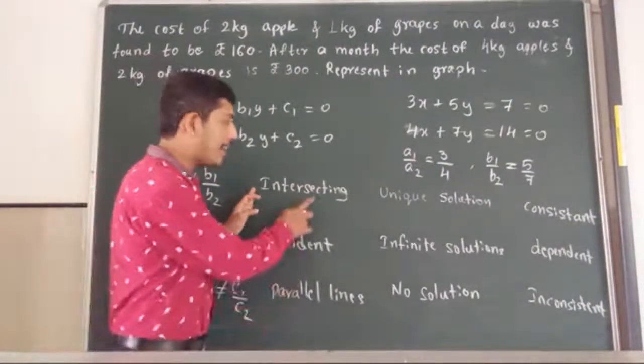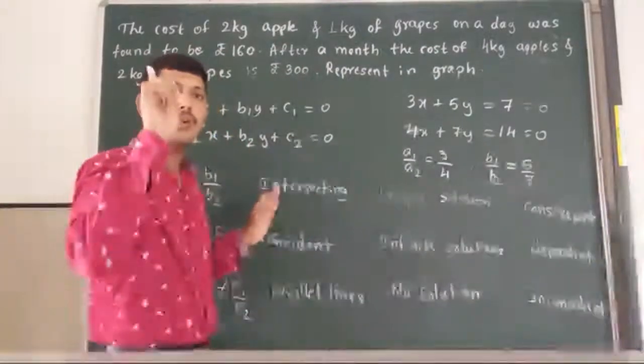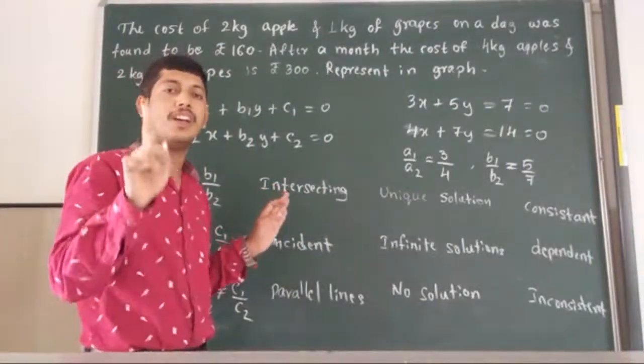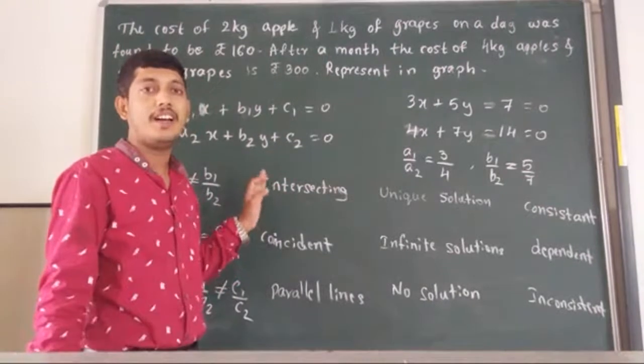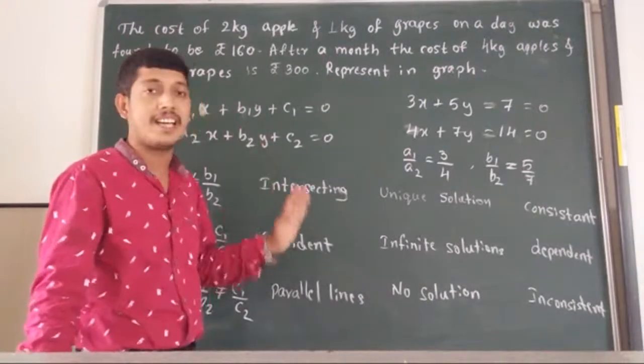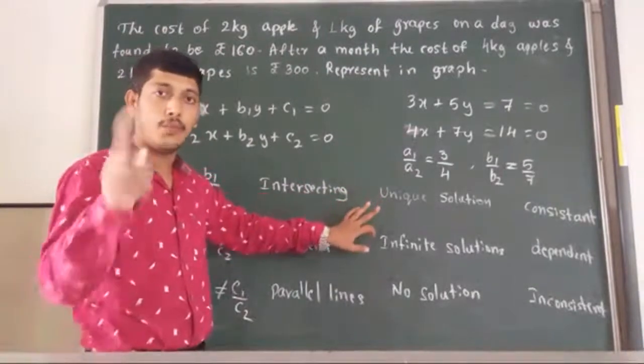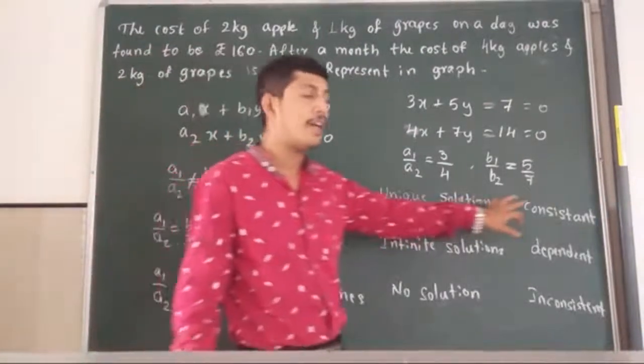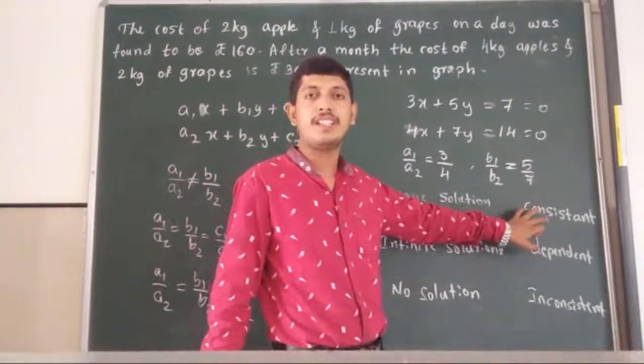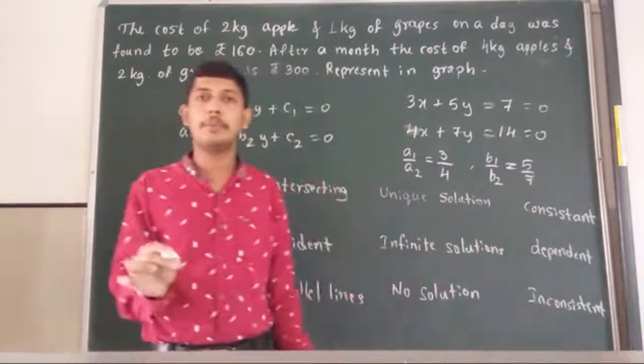When they are intersecting, they have only a unique solution or a single solution. When the two lines are intersecting, they have a unique solution, and when they have a unique solution, they are known as consistent. So what is meant by consistent?